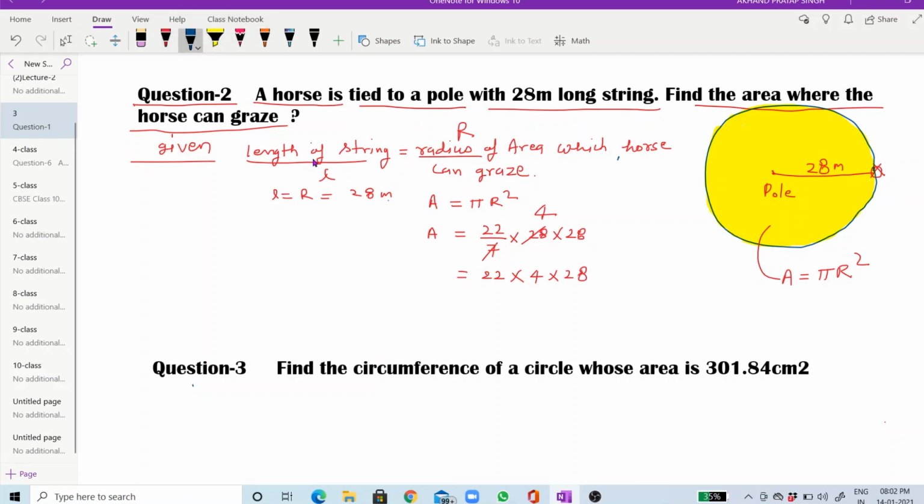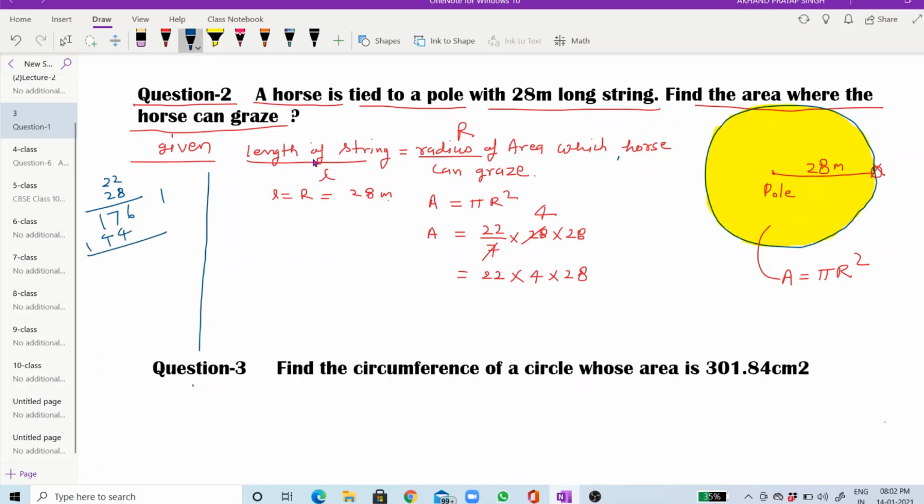So let's do some rough work here. 22 into 28. 8 2s are 16, 6 and 1 carry. 8 2s are 16 plus 1, 17. 2 2s are 4, 2 2s are 4.